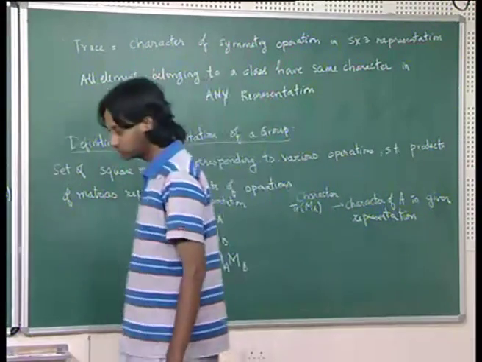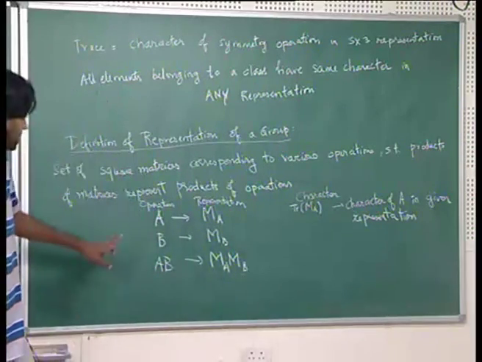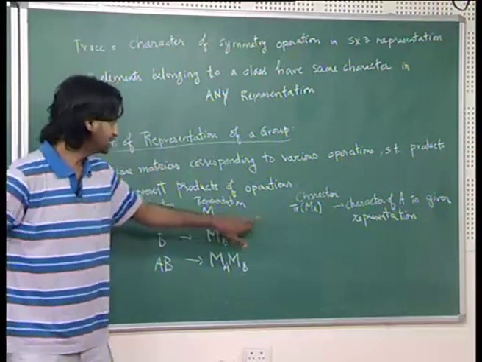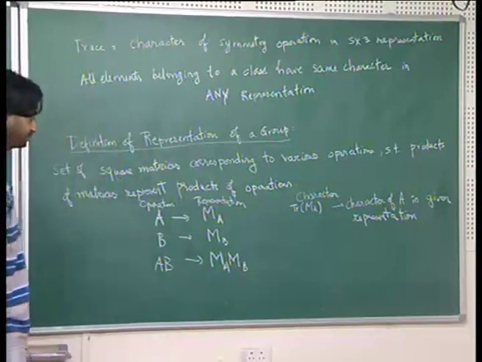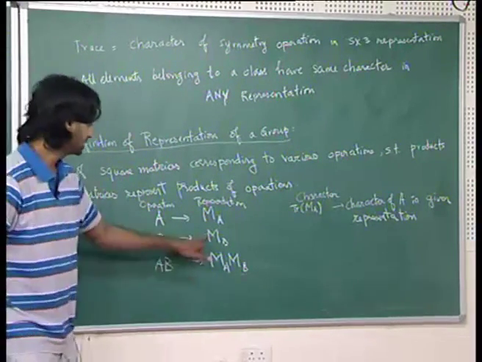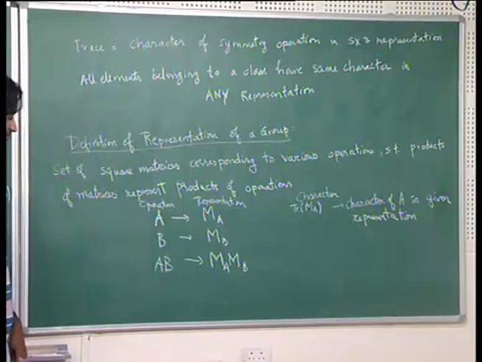Okay. So, if you have a representation in which A is represented by a matrix, then the trace of M A is called the character of A in that representation. Similarly, for trace of M B and trace of M A M B.